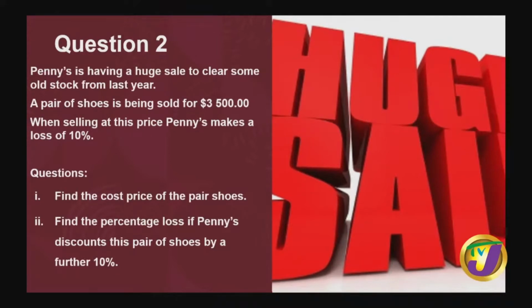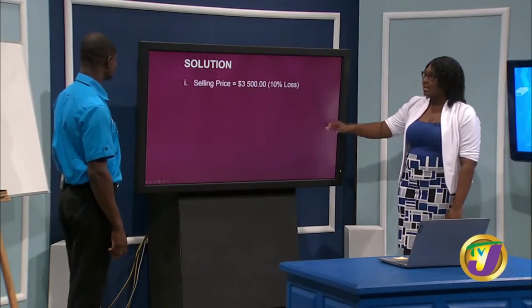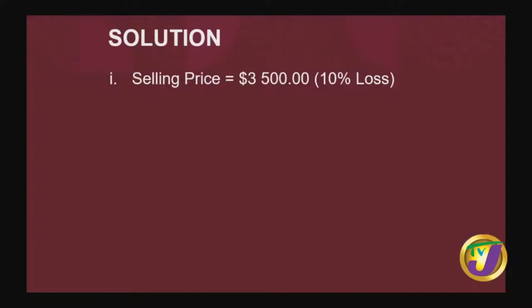So let's look at the solution. Again, selling price $3,500, inclusive of a 10% loss. 90% is $3,500. And again, we now need to find out what 1% is.